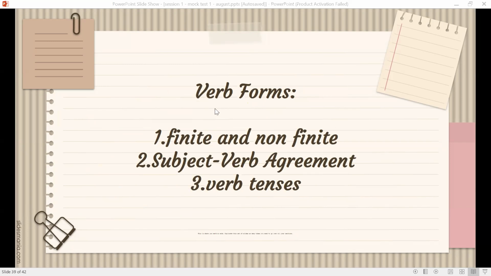And verb forms have to do with finite and non-finite, subject-verb agreement, and verb tenses. So what we're gonna study today: the verb forms, finite and non-finite, subject-verb agreement, verb tenses. Actually, these topics are super related.